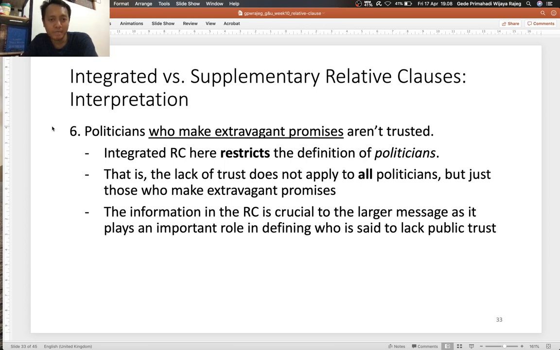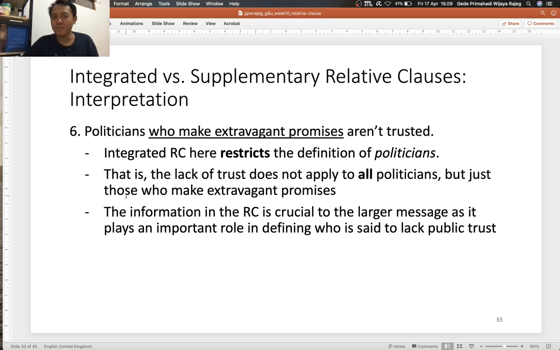What it means is that in this example, people don't have trust only in a subset of the politicians. The lack of trust does not apply to all politicians in general, but only to a subset of politicians who make extravagant promises. The extravagant promises property is strongly associated with a subset of politicians, and only those politicians are not trusted.